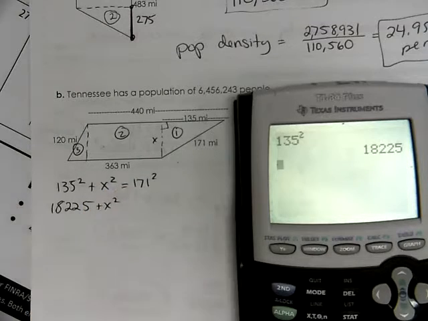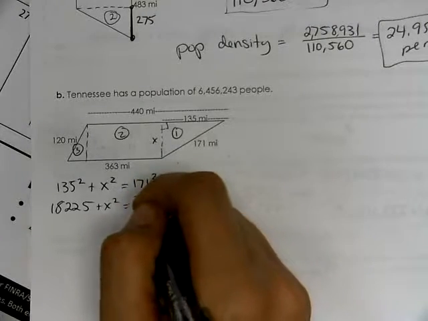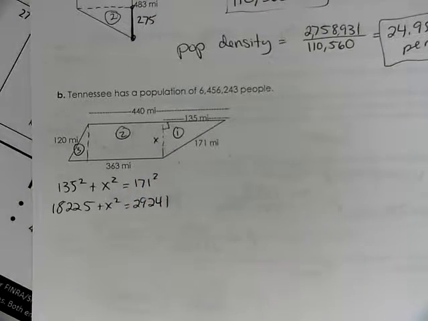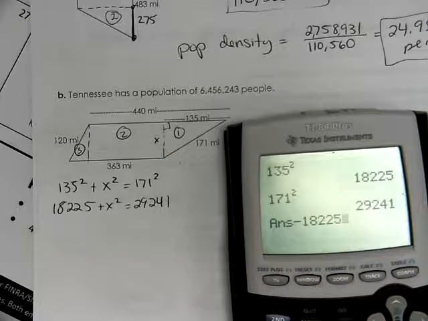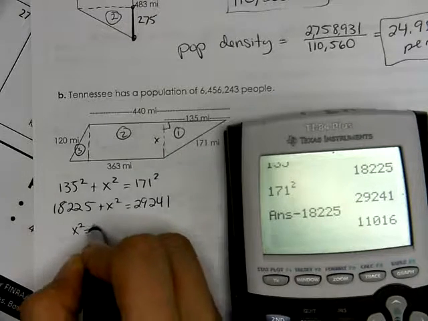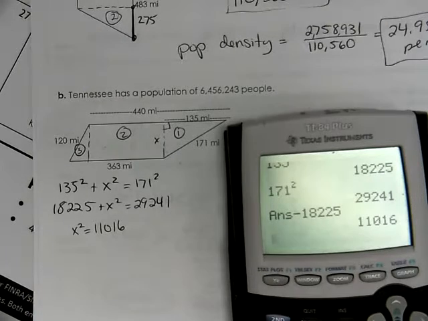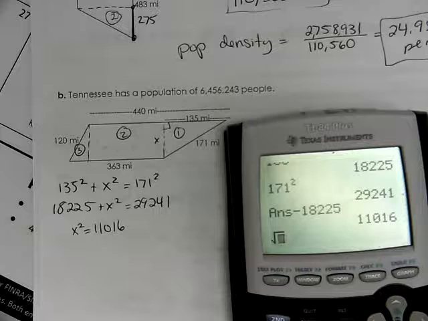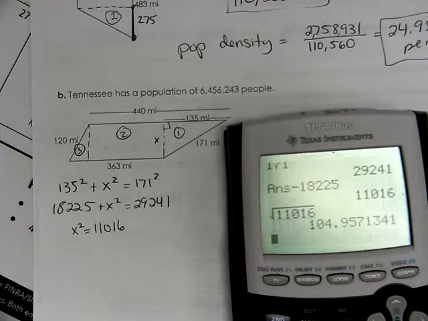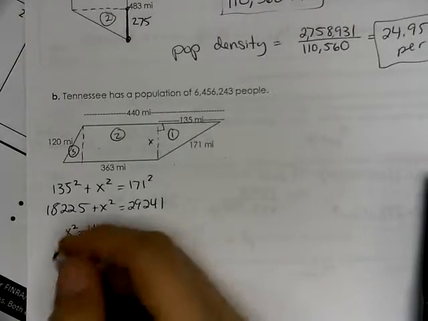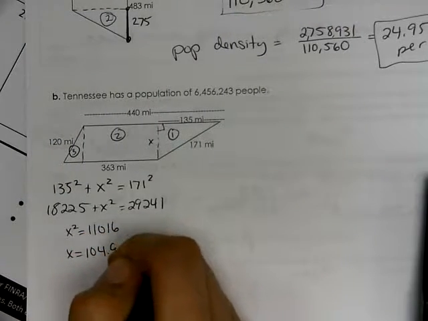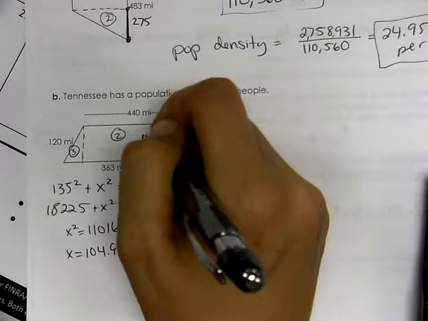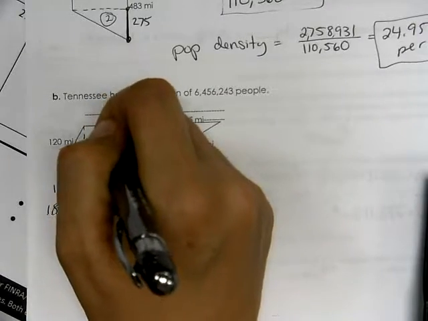135 squared is 18,225 and 171 squared is 29,241. If I subtract them, 11,016. So I'm going to take the square root of that: 104.96. Okay, so that's the height here and over here, because that's going to come in handy later.